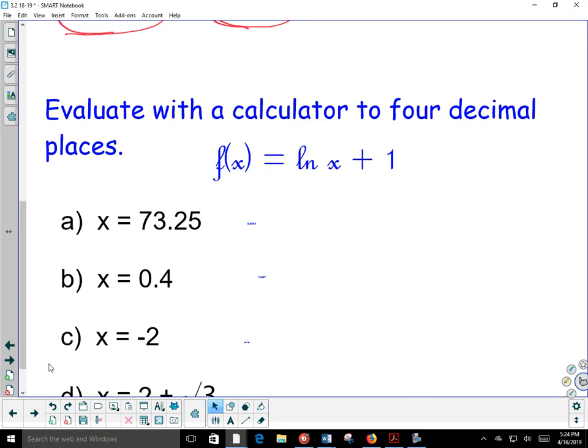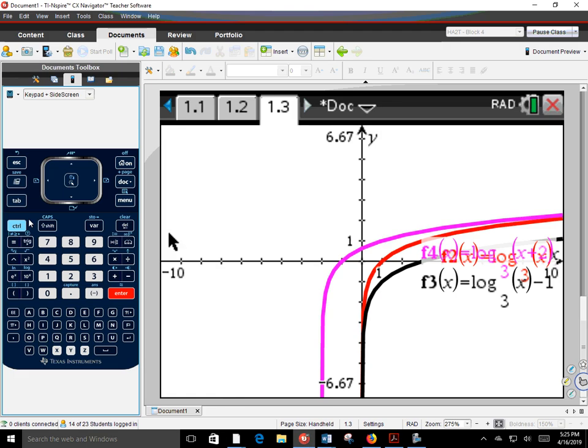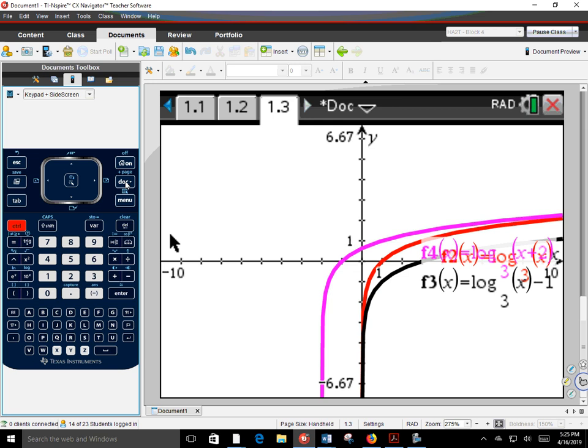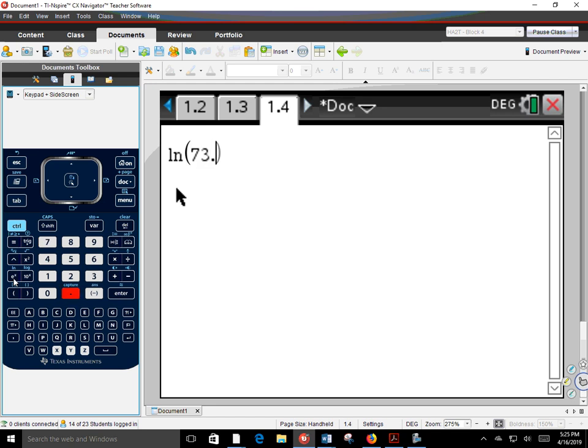So let's test this out with our calculator, making sure we can find the ln button on our calculator. What if I want ln of x plus 1, but I want to plug this in for x? So I want ln of 73.25 plus 1. Let's do this on our calculator. So log to the base e, so ln, but I'm going to go to a calculator page, and I want to do ln, that's control and the e to the x button, and I wanted 73.25, I believe.